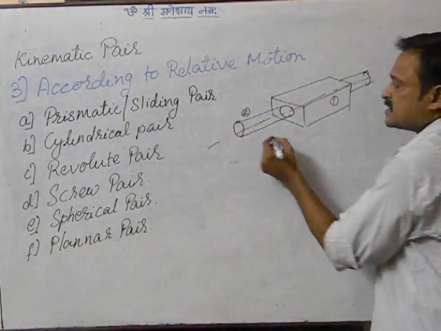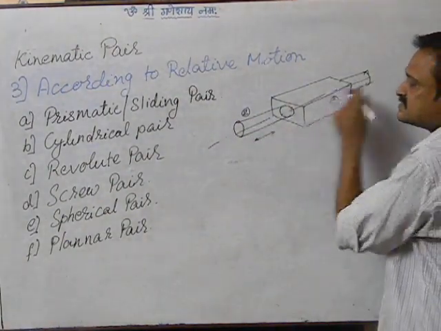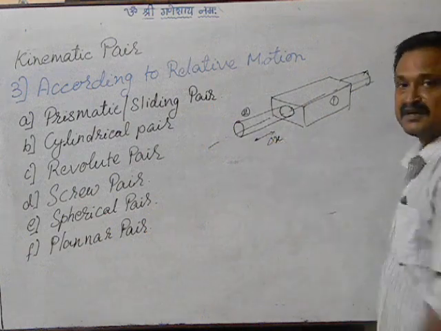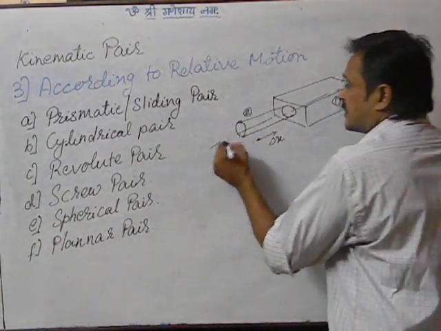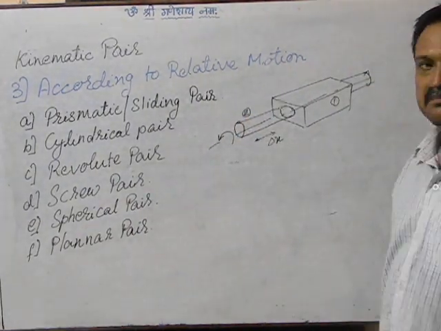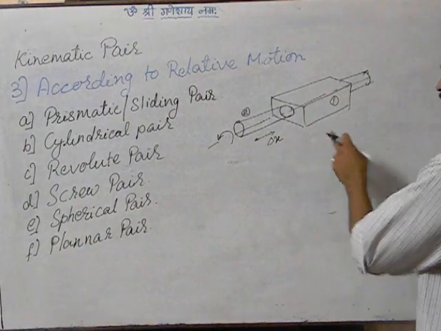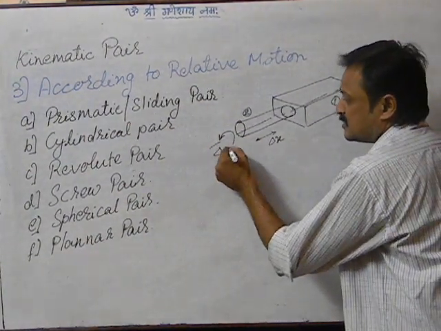The link number 2 can slide inside, so it has one variable, delta x, right? And another motion is that it can turn inside it. Just try to remember a latch. So there can be another variable as well.